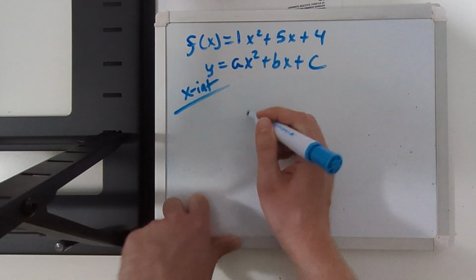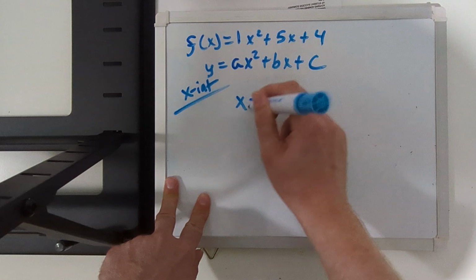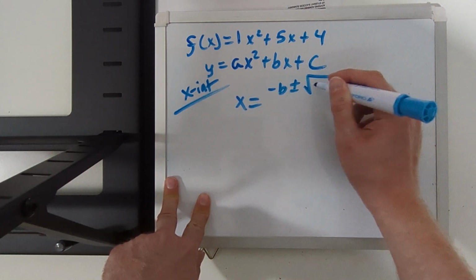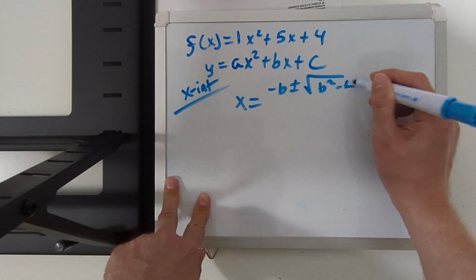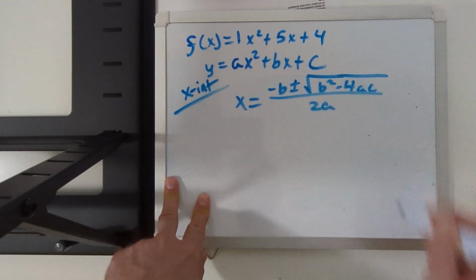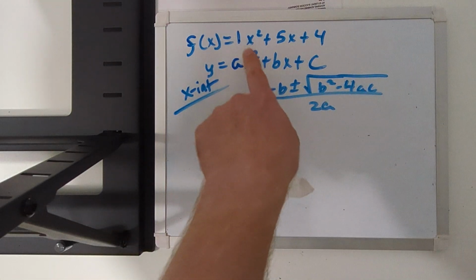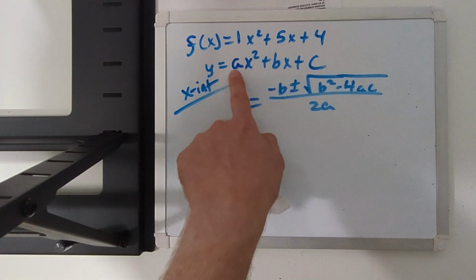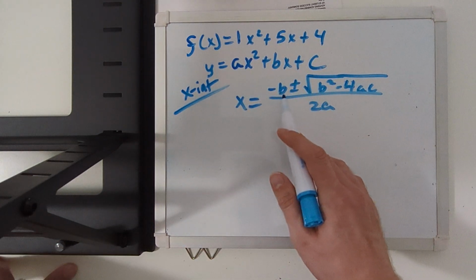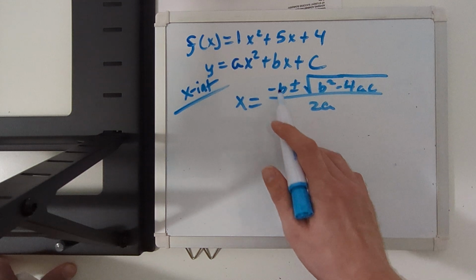This famous formula to get x-intercepts is called the quadratic formula. X equals negative b plus or minus the square root of b squared minus 4ac all over 2a. And before we start substituting in 1, 5, and 4 for a, b, and c, I do want to point out something from the vertex formula that I mentioned earlier.